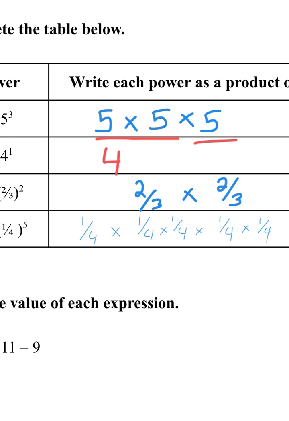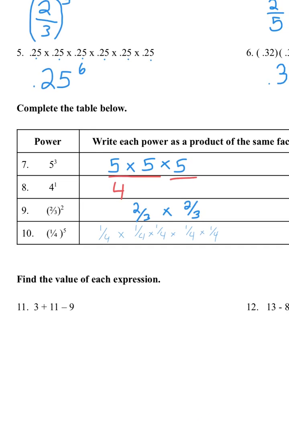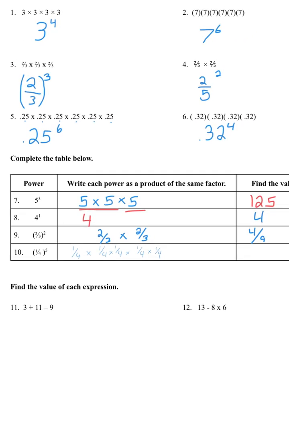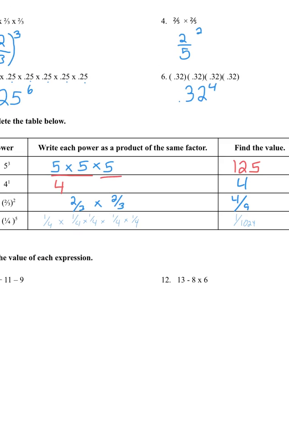So, excuse the bad handwriting, but we have 5 1/4's. And when you multiply all these, you're going to end up at 1, because the ones in the numerator stay the same, but then you're going to end up at 1024 for your denominator. Big number. It's okay if you couldn't do that one in your head.